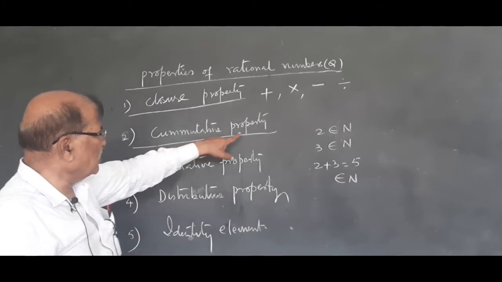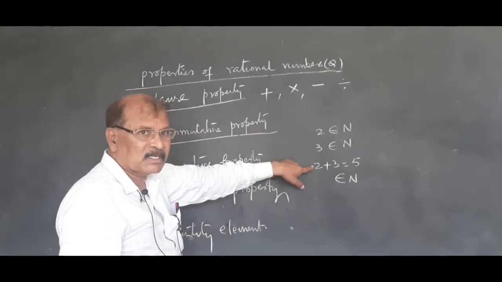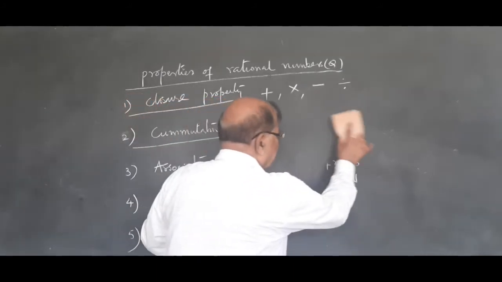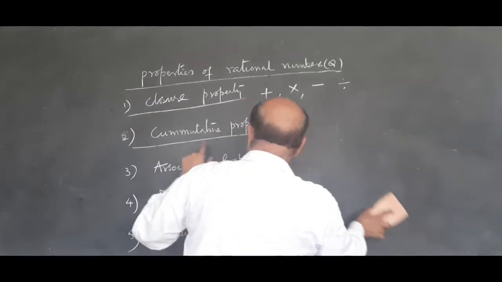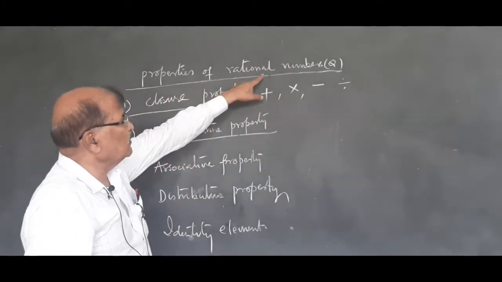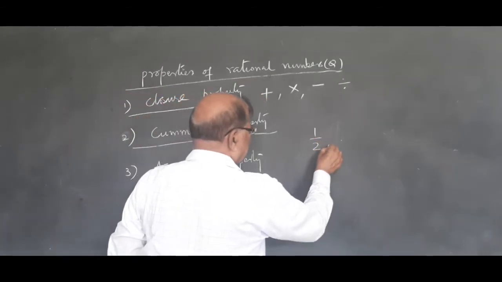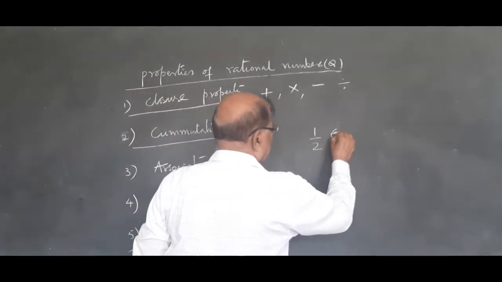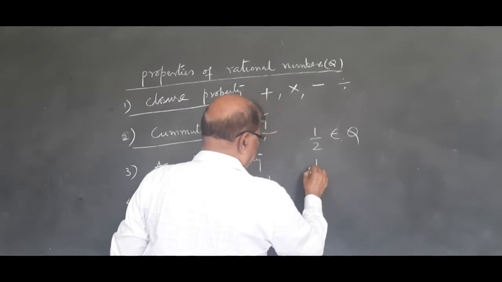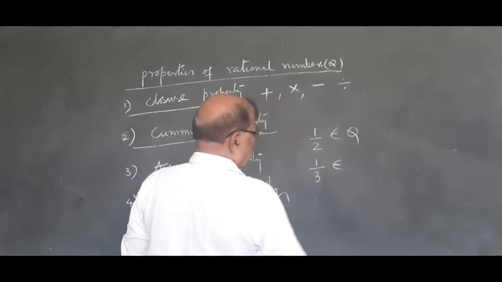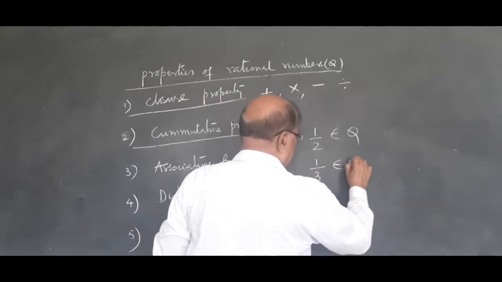So this property holds good in the set of natural numbers. Similarly, let us see whether this property holds good in the set of rational numbers. You take 1 by 2, a rational number, belongs to Q. 1 by 3 belongs to Q.